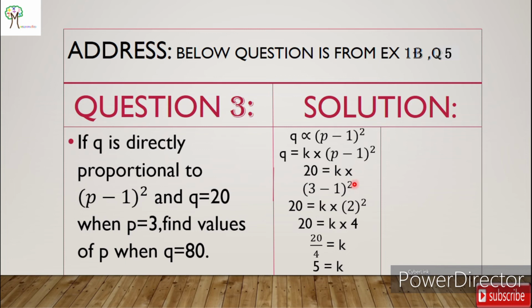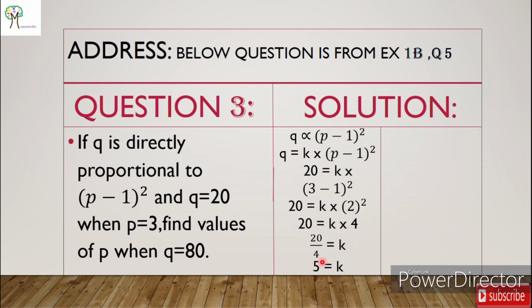Now k is multiplied by 3 minus 1 square. Now 20 is equal to k multiplied by 2 square, because 3 minus 1 is 2, and 2 squared is 4, so 20 is equal to k multiplied by 4.